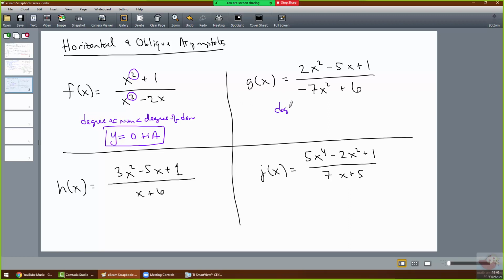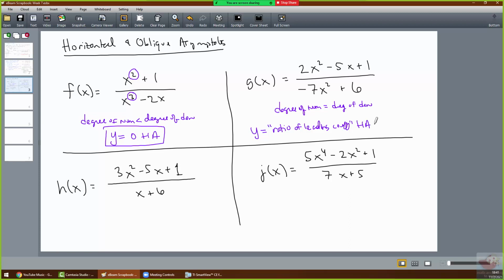If the degree of the numerator equals the degree of the denominator, then y equals the ratio of leading coefficients is the horizontal asymptote.